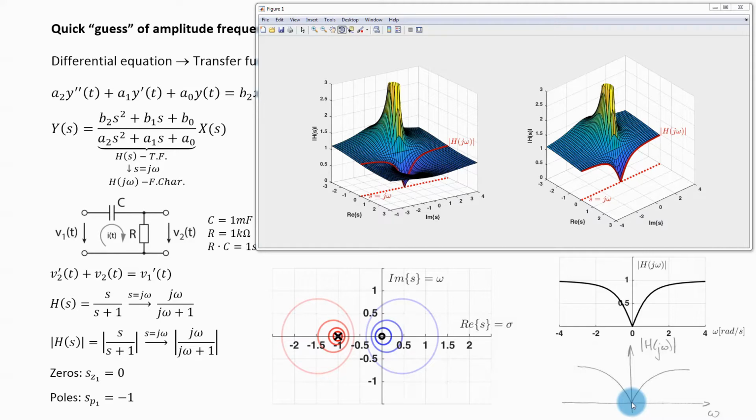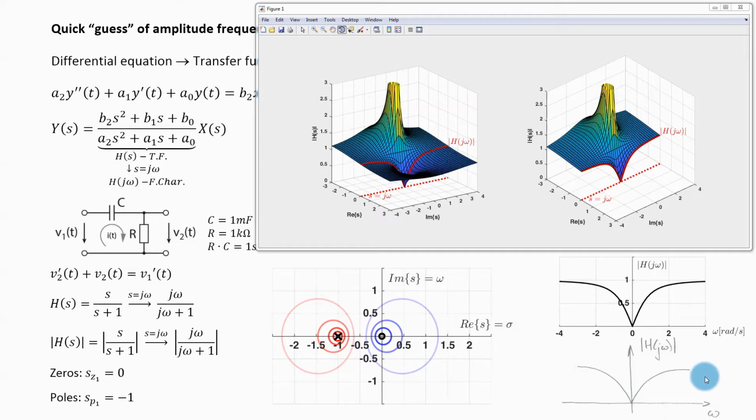Now when I continue increasing the frequency, I go from this 0 up the valley, and that is what I can draw. I go up the valley and up the valley. So by tracing the values of the magnitude of the transfer function above the imaginary axis, I can approximately draw the amplitude frequency characteristic of my system.